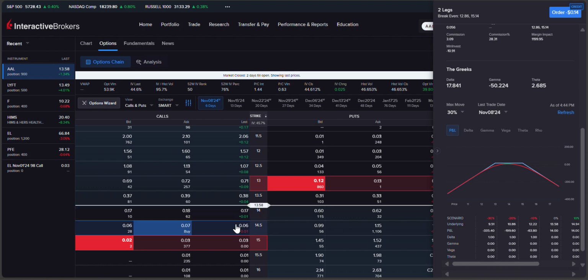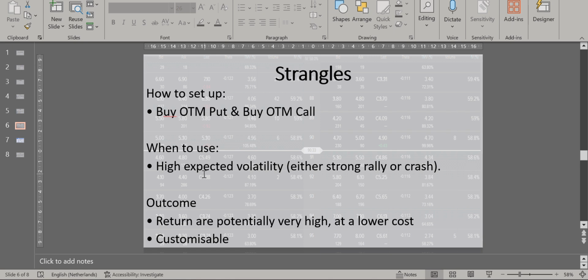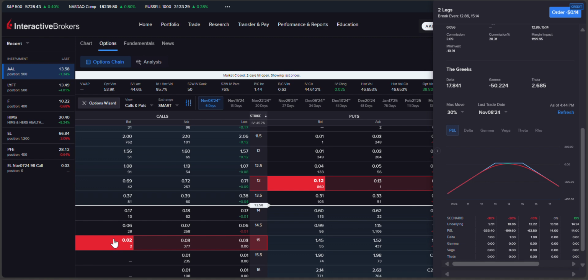And so in the case of the long strangle, it's used when you have high expected volatility, again a strong rally or crash, with returns potentially very high at a lower cost than the straddles once again, and it's customizable because of course the options are out of the money. You can have a very tight strangle.